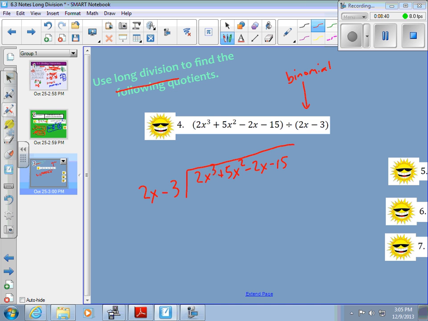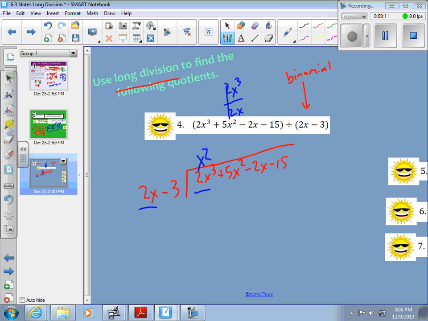So what you're going to do first is take the first term inside divided by the first term outside. So what do we get when we take 2x cubed divided by 2x? Well, the 2's would cancel, and we'd be left with x squared after we simplified the x's. Whatever that divides to, that goes on your top here. So we're going to put x squared there.